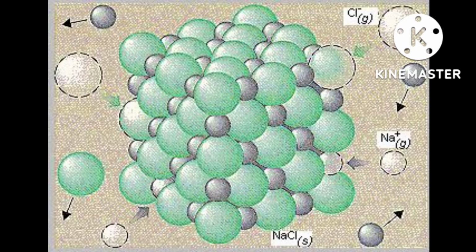But solvation of these ions also occurs. Solvation means hydration: with each ion, H2O molecules will be attached, surrounding the ion very close, everywhere in a spherical way. That is called hydration.